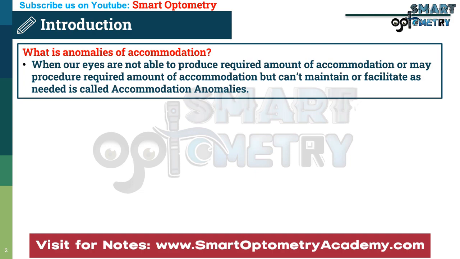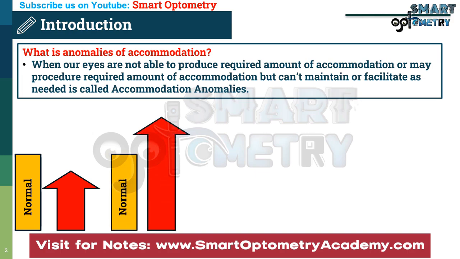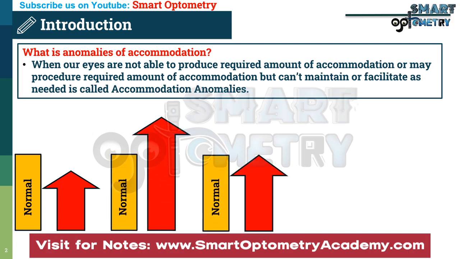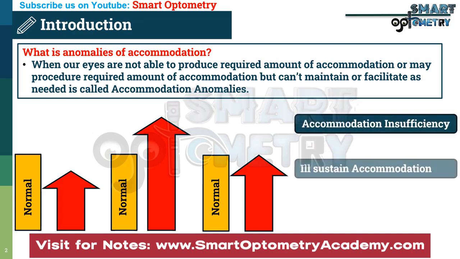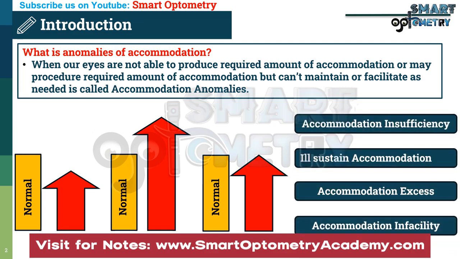Anomalies of accommodation can be due to lower accommodation than required, that is accommodative insufficiency, higher accommodation than required, that is accommodation excess, normal accommodation but not able to maintain for long, that is ill-sustained accommodation, or accommodation that can't facilitate at required distances, like accommodative infacility. The most common accommodative anomalies are accommodation insufficiency, ill-sustained accommodation, accommodation excess, and accommodation infacility.